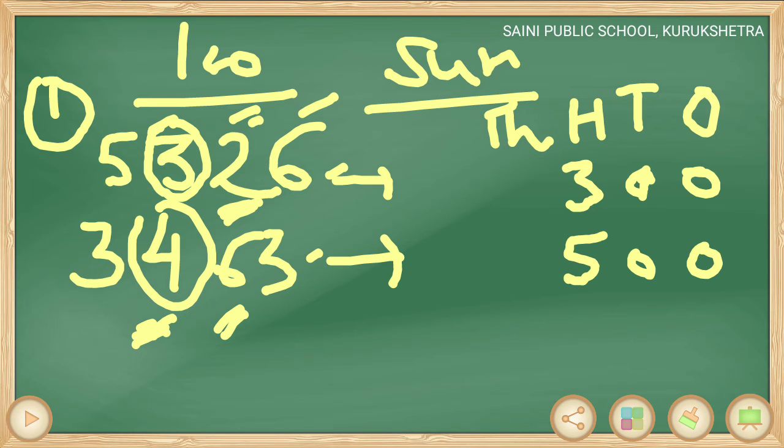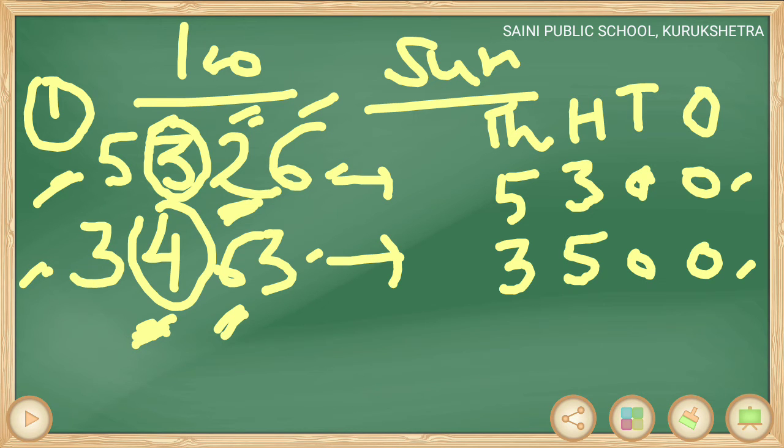Our fourth step is all the digits on left side of rounding off digit will remain unchanged. Here 100 place which we want to round off, so all the digits on 1000 place will remain unchanged. So 5 and 3 will remain unchanged. So these two numbers are the numbers which we find out after estimation.